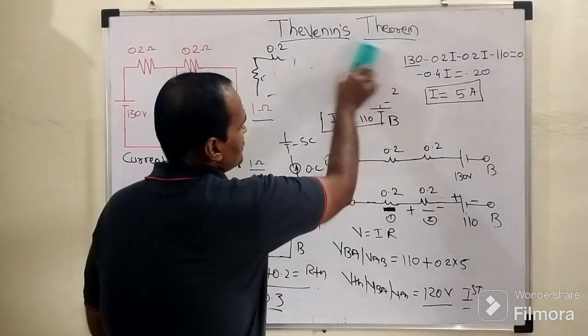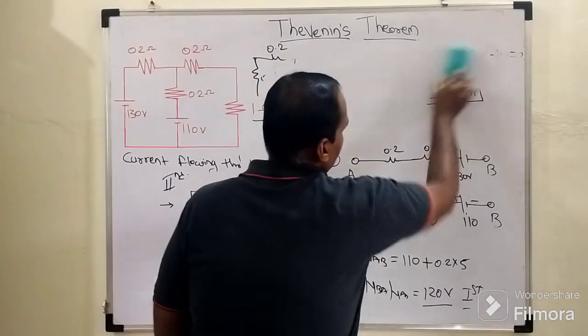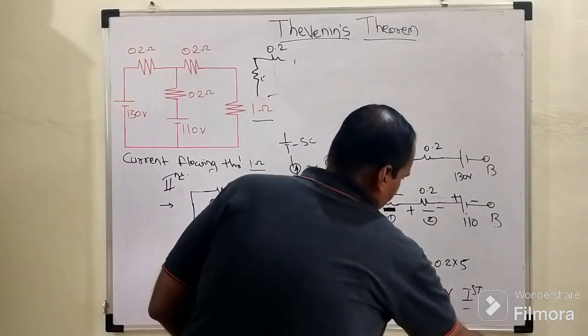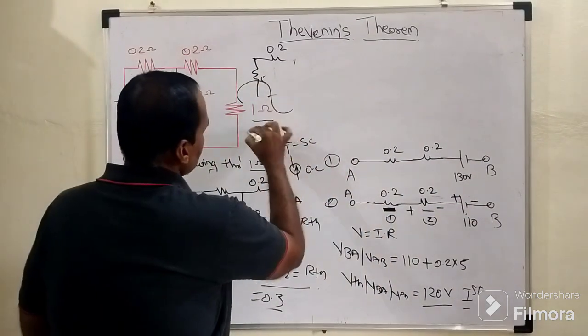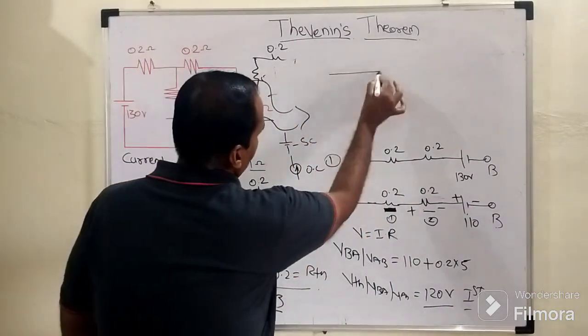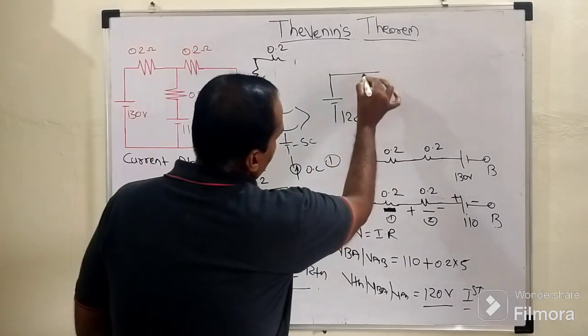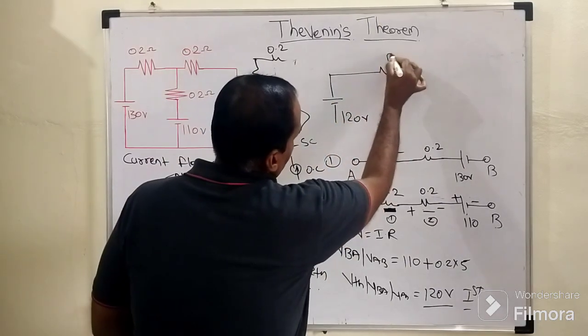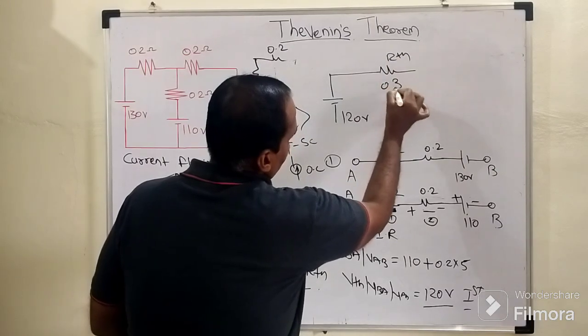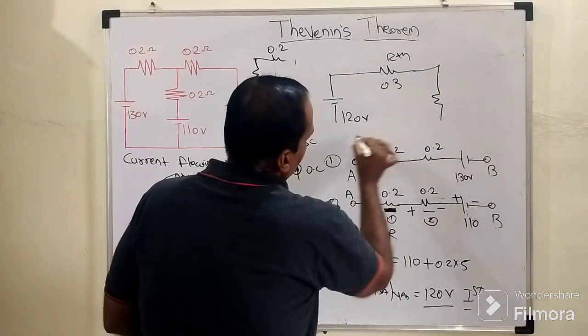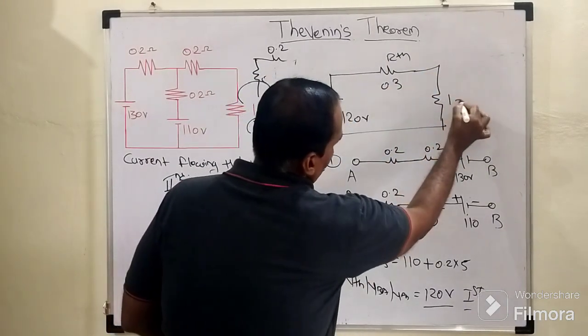As far as the Thevenin equivalent circuit is concerned, as I told you earlier, it consists of two important parameters, VTH and RTH. So how is this circuit converted into the Thevenin equivalent circuit? This will be the VTH of 120 volt. This will be the RTH of 0.3 ohm, and this is our target resistance of 1 ohm.